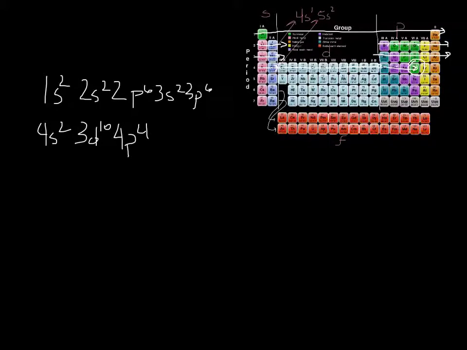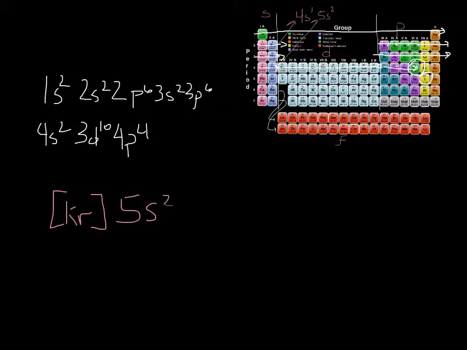This also simplifies our lives with the noble gas configuration. Let's do the noble gas configuration for iodine, right there. The noble gas that we would use is the one that comes before it, so that would be krypton. So we're going to start with krypton, and then start off where krypton leaves off, which would be right down here. That row right there is the 5, so we're going to start in the 5 in the S block.